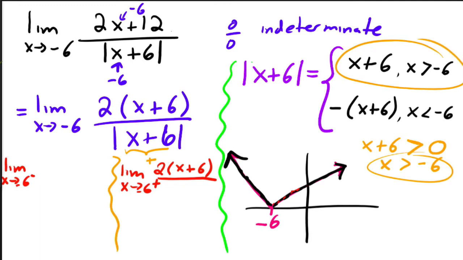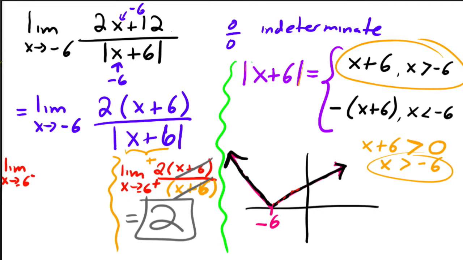So what you're saying is that x plus 6 is equal to the absolute value of x plus 6 if the x values are greater. And since you're coming from the right, well, of course, that's true. So then these guys cancel, and so this is equal to positive 2.